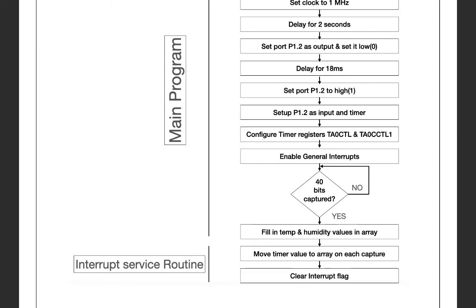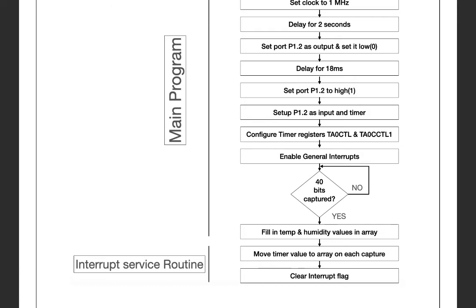When we configure this timer in capture mode, what will happen? We will configure it in such a way that whenever a falling edge is received on the microcontroller pin, it will capture the timer value and store it in a register. We will do it 40 times, so we will come to know the time period of each waveform.